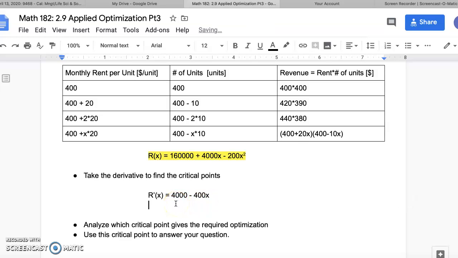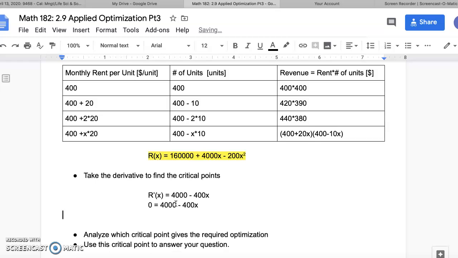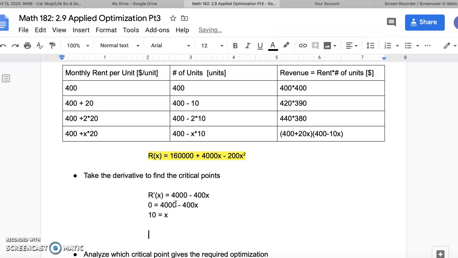So we'll set this equal to 0 equals 4,000 minus 400x. And solving this without going through all the math, I'll subtract 4,000, divide by negative 400, and I'll get 10 is equal to x. And that gives us our critical value. So critical value at x equals 10.